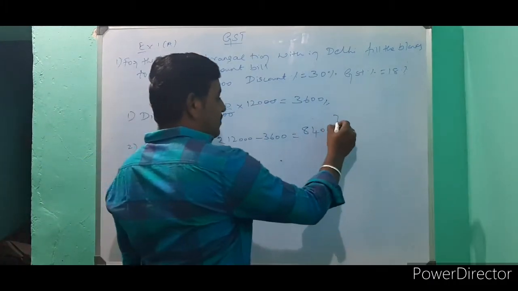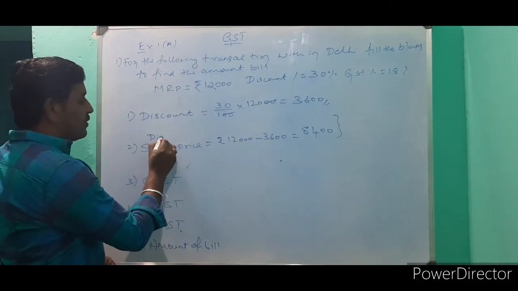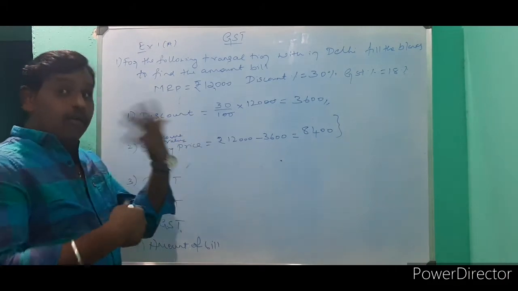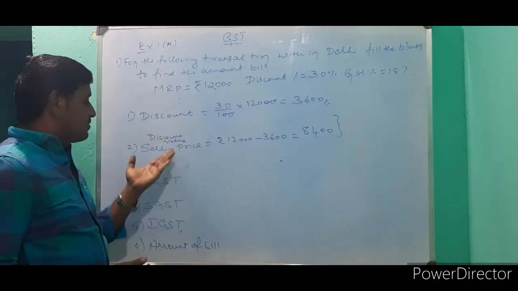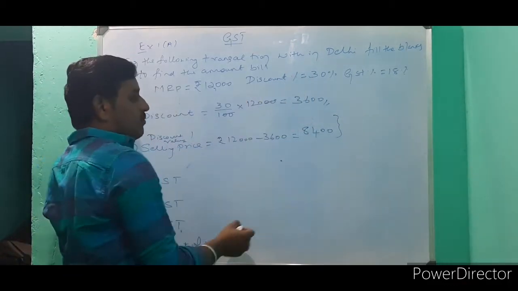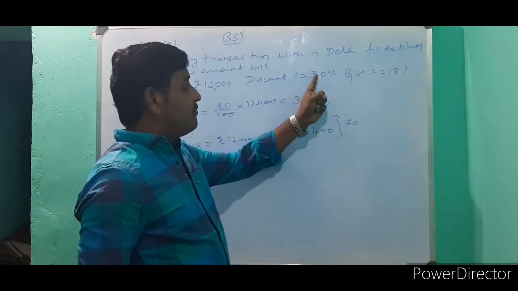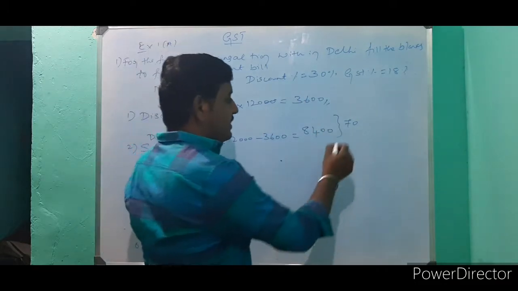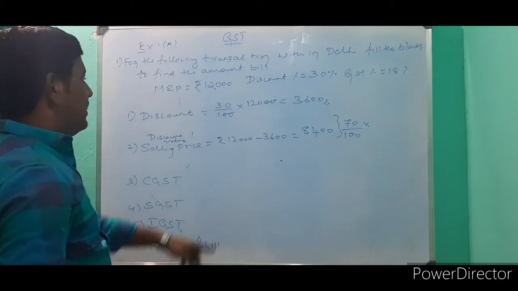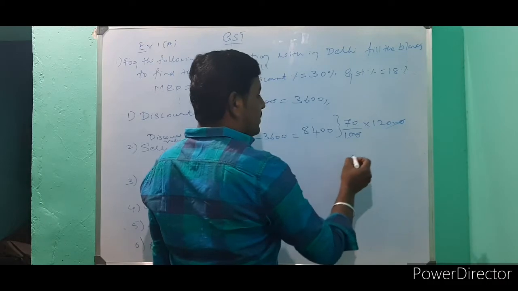For this you can use another method also for the selling price or discount value. After the discount, the discount value and selling price are the same. So if they are given 30% discount, from 100 you can subtract 30, that is 70, divided by 100 into MRP, 12,000. 20 and 20 get cancelled.